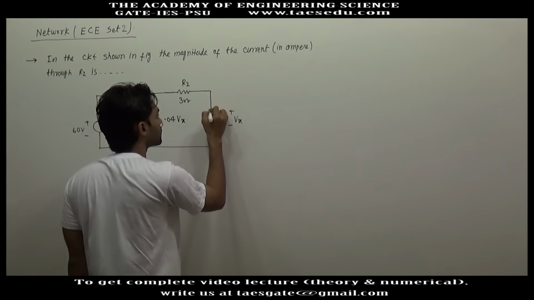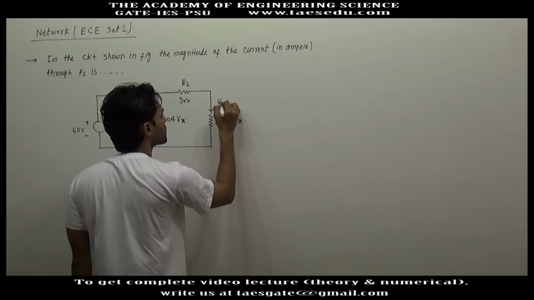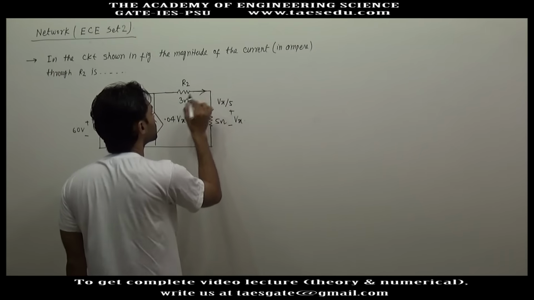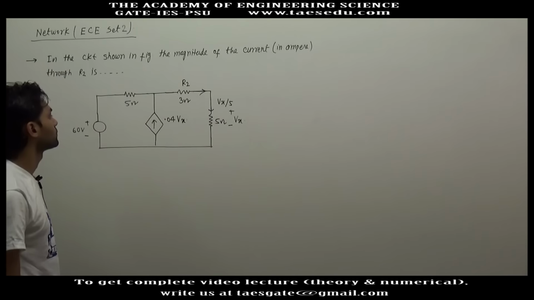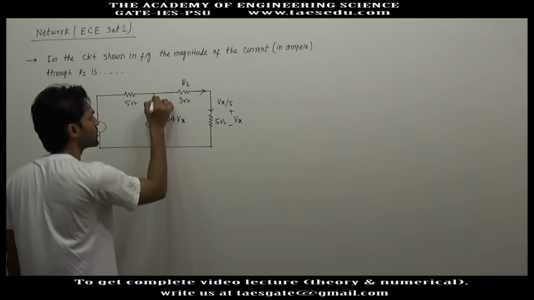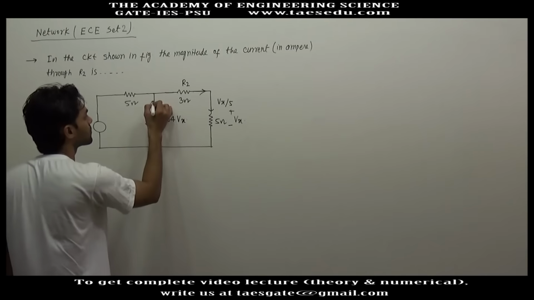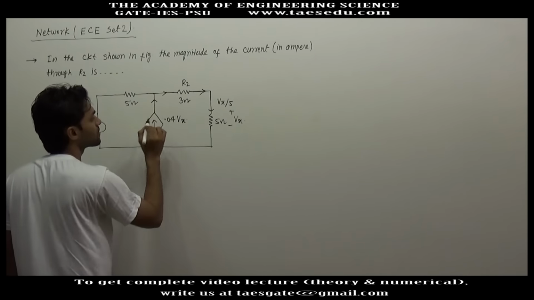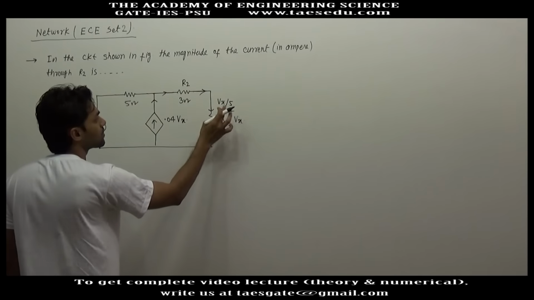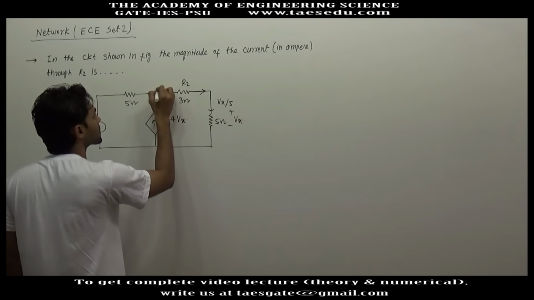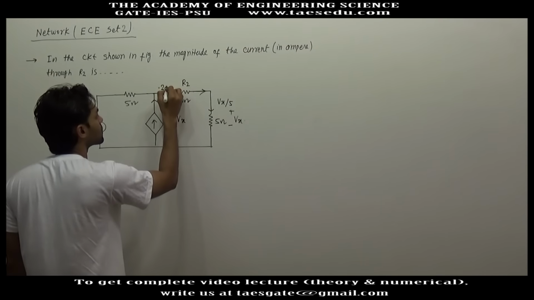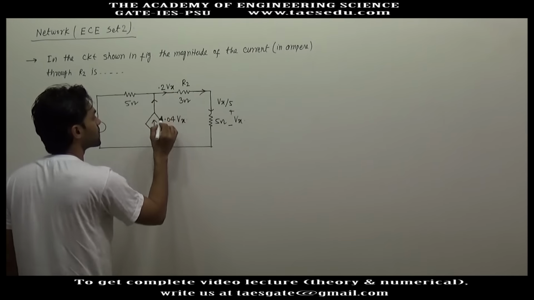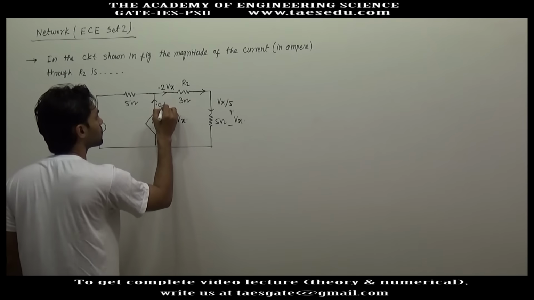So current in the 5 ohm resistance will be Vx divided by 5, and the same current will flow through the 3 ohm resistance. Here current is 0.2 Vx, this current is 0.2 Vx, and this current is 0.2 Vx, and current in upward direction is 0.04 Vx.